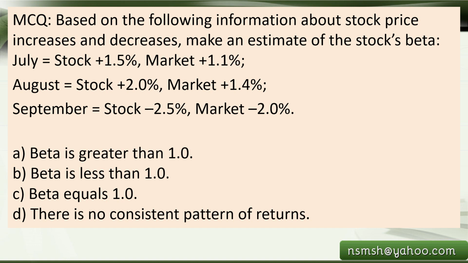And in August, when the stock is 2.0 and the market is 1.4, the beta is still greater than 1. In September the stock is minus 2.5 and the market is minus 2.0. In all of these, the beta is greater than 1.